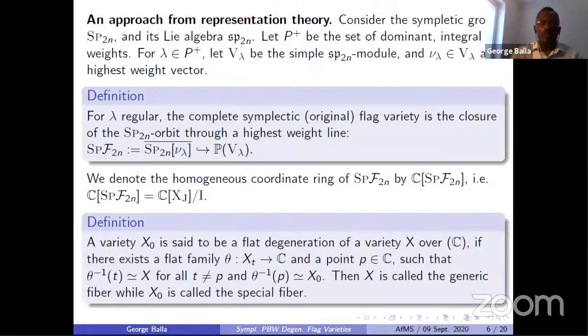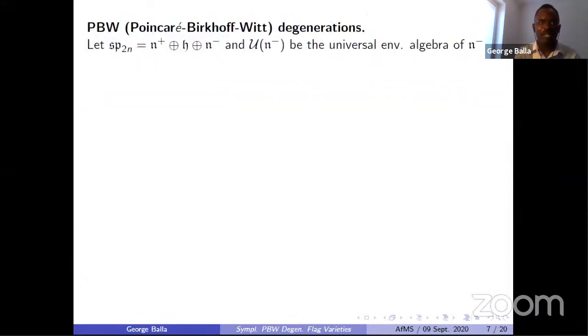So having talked about degenerations, now let's narrow down to our particular case of degenerations, which are PBW degenerations. PBW comes from the names Poincaré-Birkhoff-Witt, from their theorem, which gives a basis for the universal enveloping algebra of Lie algebras. So for our case, let us fix the symplectic Lie algebra, because we are working in the symplectic case.